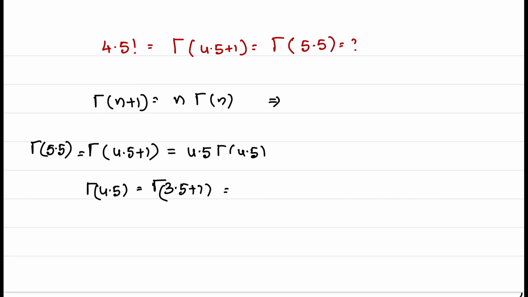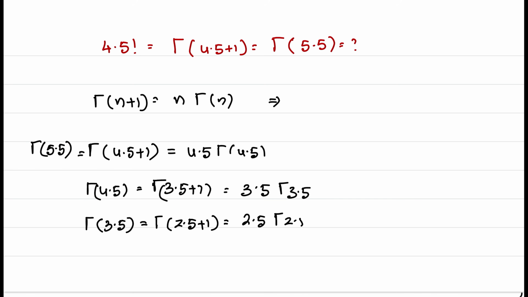Now gamma 4.5 is equal to gamma 3.5 plus 1, that is equal to 3.5 into gamma 3.5. Now gamma 3.5 is equal to gamma 2.5 plus 1, that is equal to 2.5 into gamma 2.5. Then gamma 2.5 is equal to gamma 1.5 plus 1, that is equal to 1.5 into gamma 1.5.